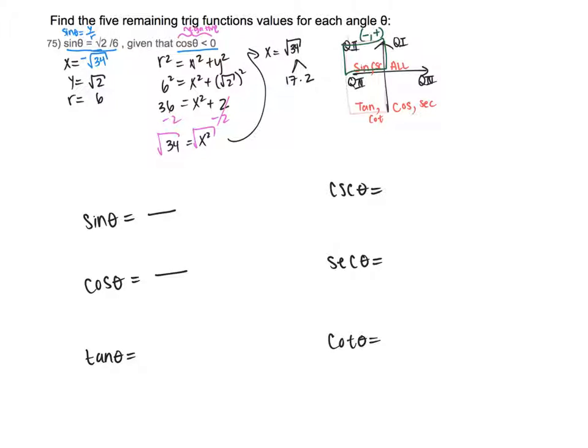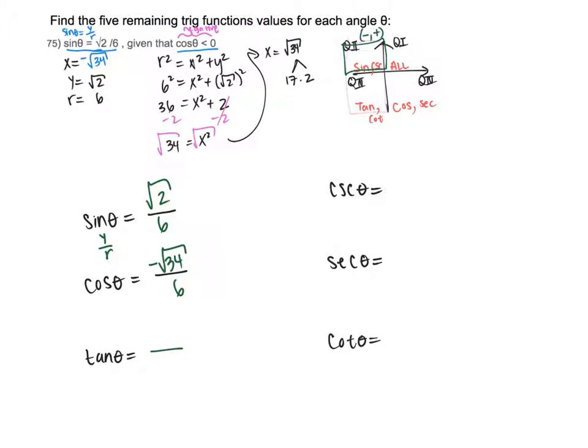So you grab a pen. There we go. Sorry, I don't know what happened there. So it's always y over r. So in this case, y is the square root of 2. Oh, well, actually, we were given sine in the first place, so I guess I could just rewrite that. Square root of 2 over 6, my bad. And then cosine is going to be negative square root of 34 over 6. Sorry, 34 over 6, not 36.